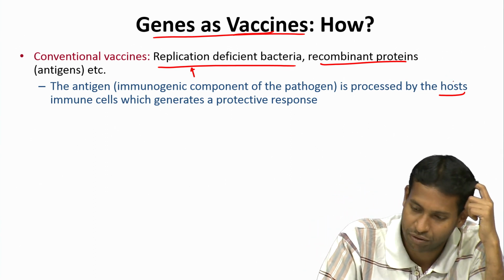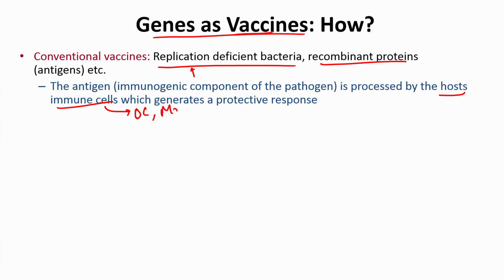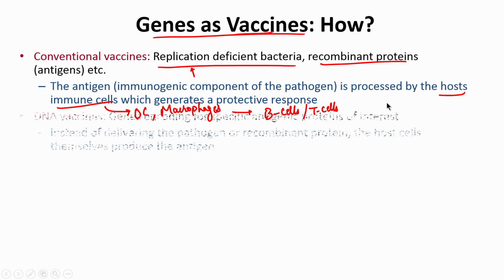The host immune cells here are mainly dendritic cells and macrophages, and these then present to B cells and T cells, which have a large repertoire of receptors. Whichever has binding to it starts to proliferate, then further refines its binding with somatic hypermutation, and finally results in the generation of immunity. So, that is what the conventional vaccines were targeting.